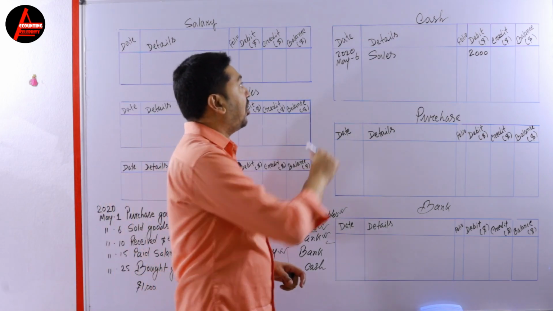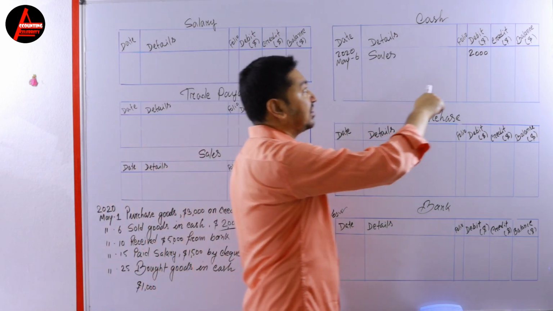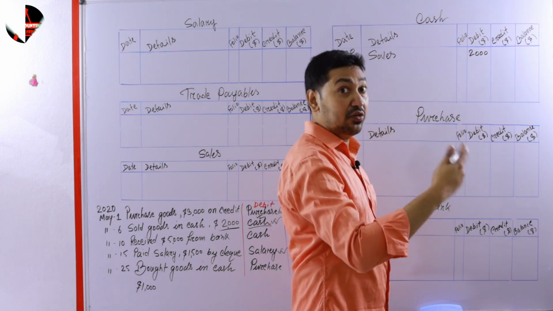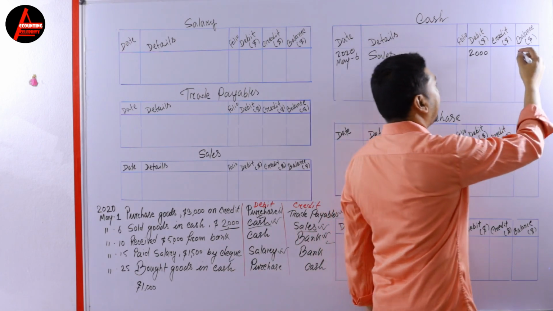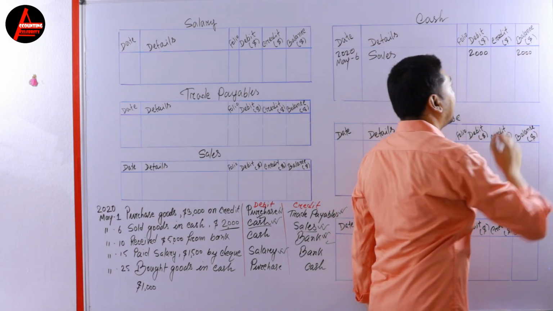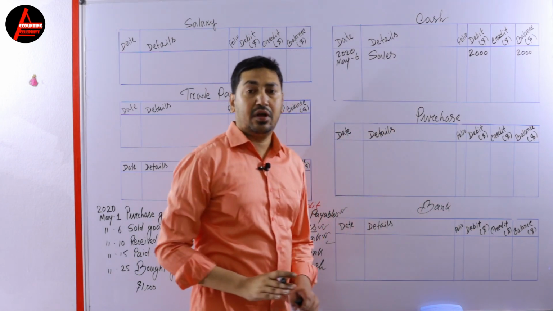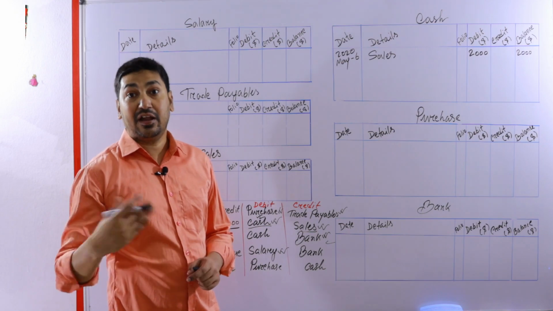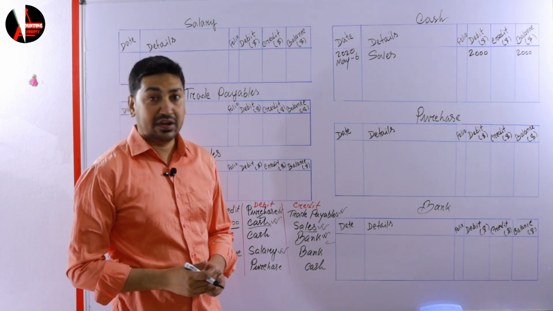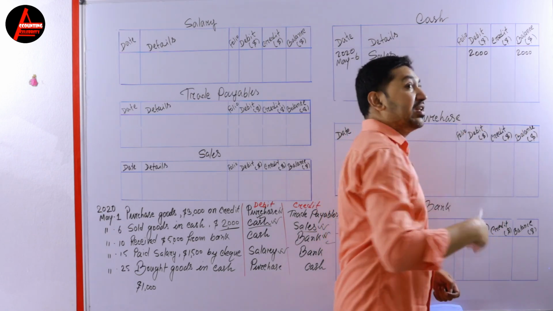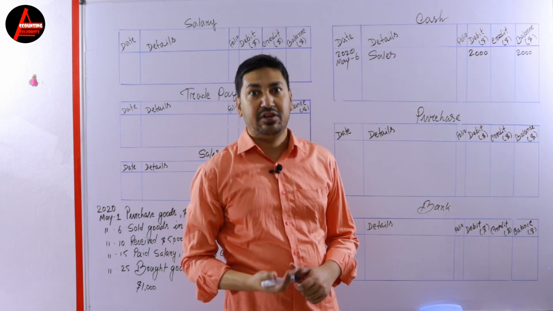On May 6, your debit balance is $2,000, so the same value goes to the balance column, right here $2,000. There are two types of balance you might know: debit balance and credit balance. Now you need to identify what type of balance this one is, whether it is a debit balance or a credit balance.